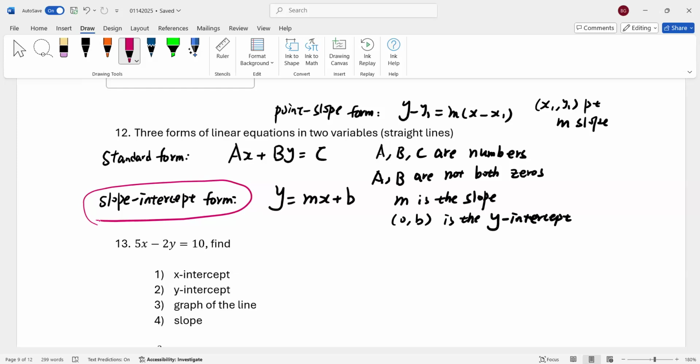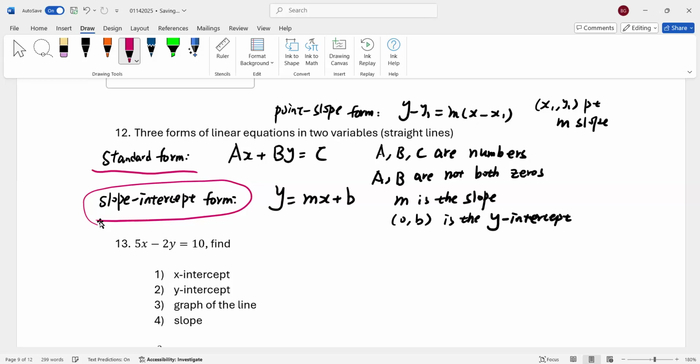Another way to say it is that for vertical straight lines, slope is undefined. So that's why slope-intercept form and point-slope form, since they have slope in them, can only apply to non-vertical straight lines. So this is the reason we need a standard form here.